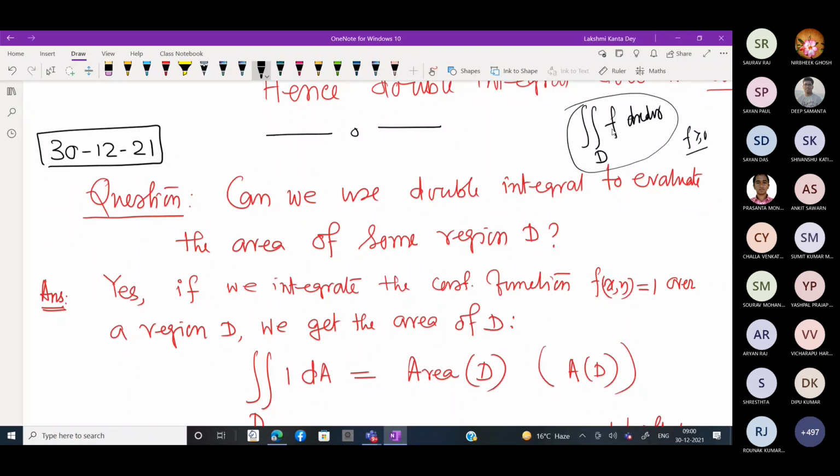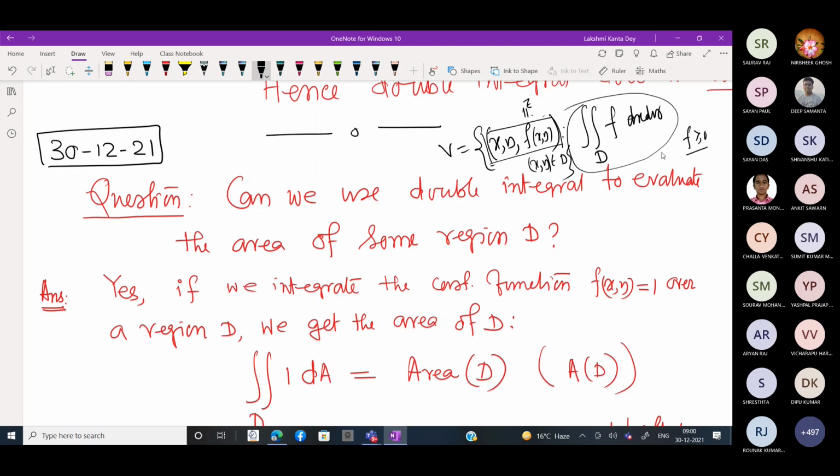So what is that region? It is the set of all (x, y, z) where z equals f(x, y), whenever (x, y) belongs to D. So this three-dimensional region comes out.